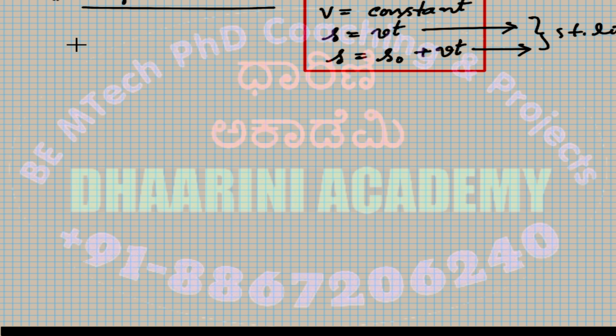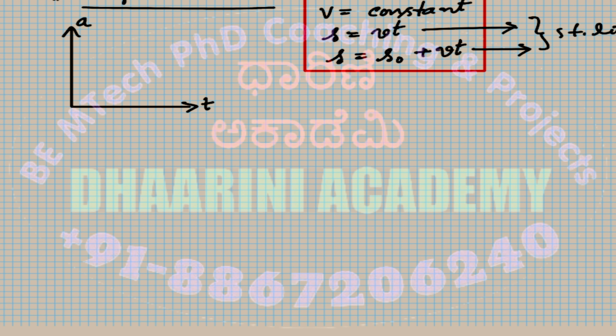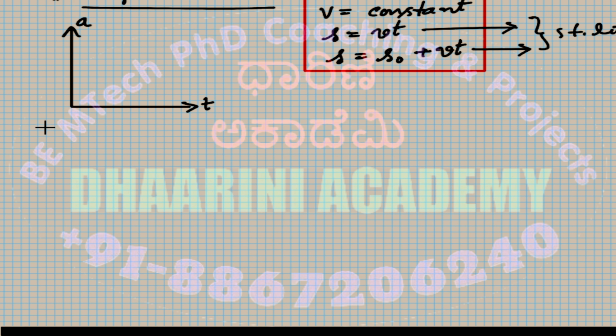I'm simply plotting acceleration: the horizontal axis is time and this is acceleration. So let us plot A equal to 0. This is 0 throughout, right? So the A value is equal to 0. There is no amplitude for this. Red is my graph. It is along the x-axis itself. So this is the A equal to 0 curve, the first condition for uniform motion.